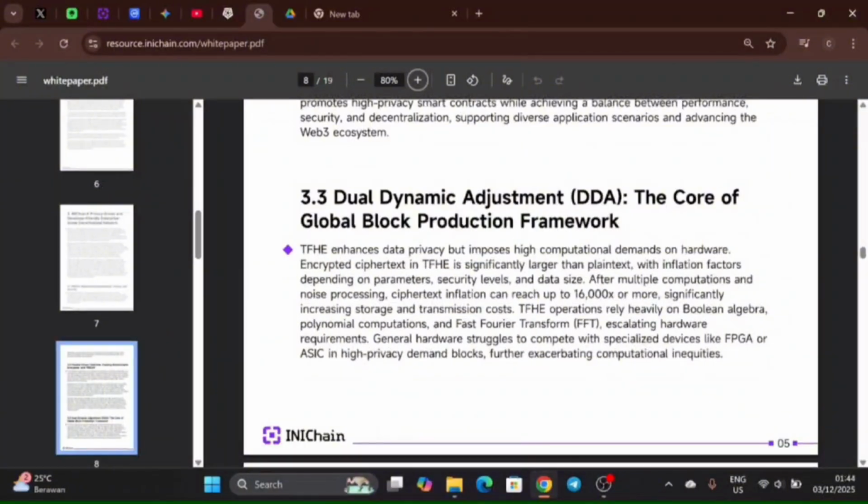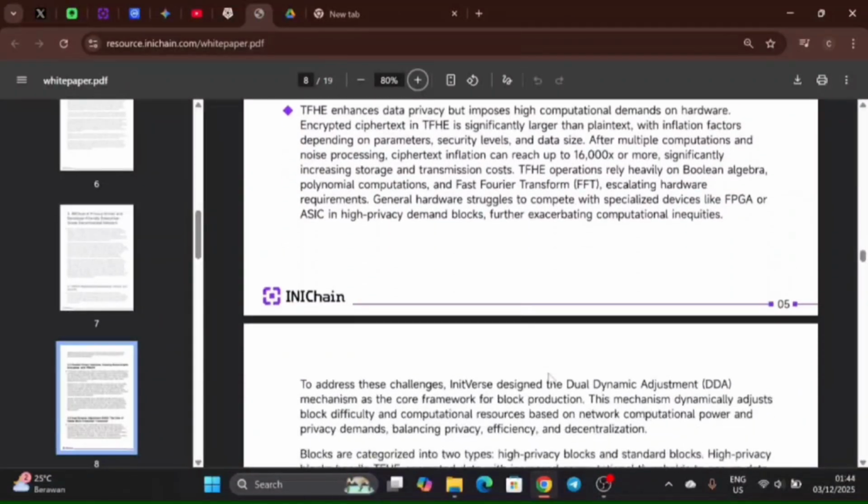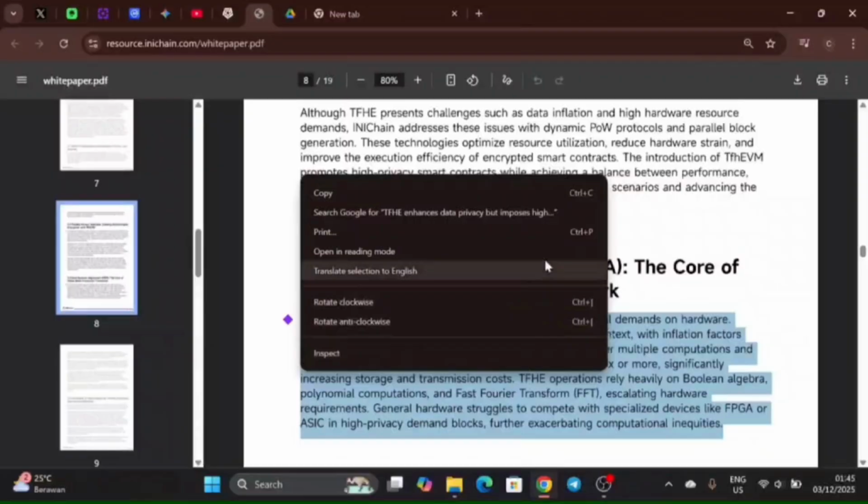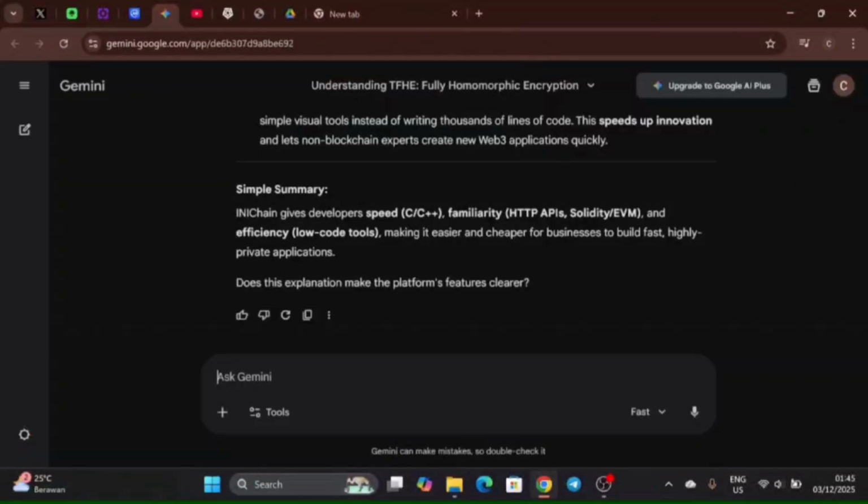General hardware struggles to compete with specialized devices like FPGA or ASIC in the high privacy demand block, further exacerbating computational inequities. Okay, I'm really confused with this. Maybe we ask you now.